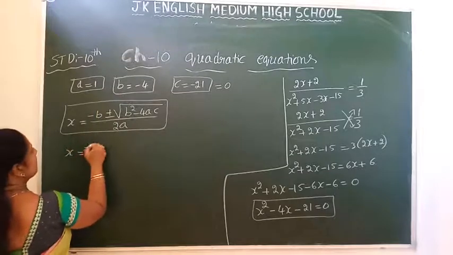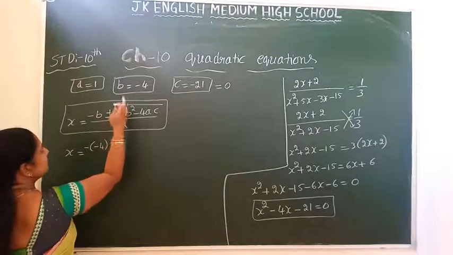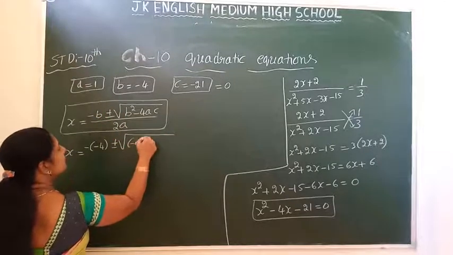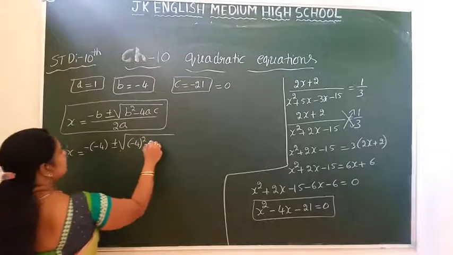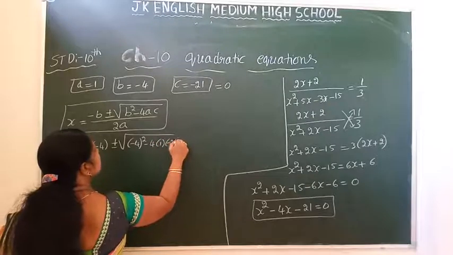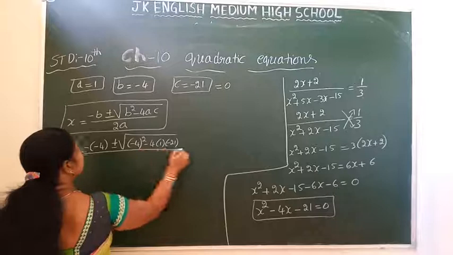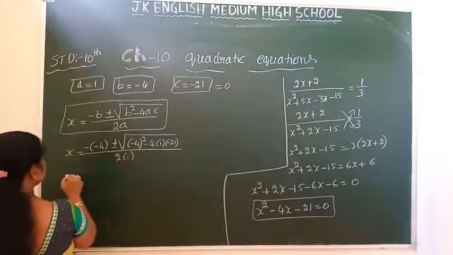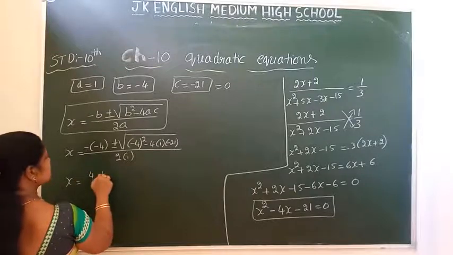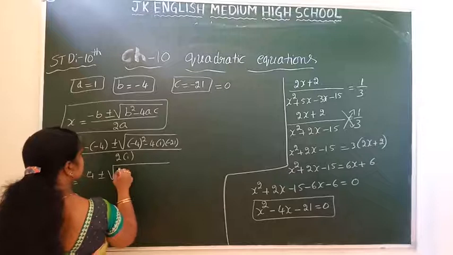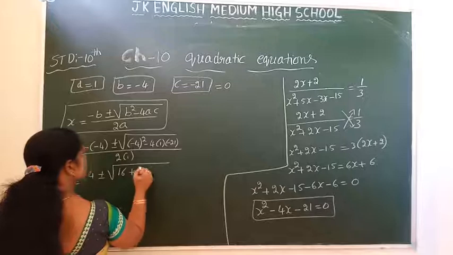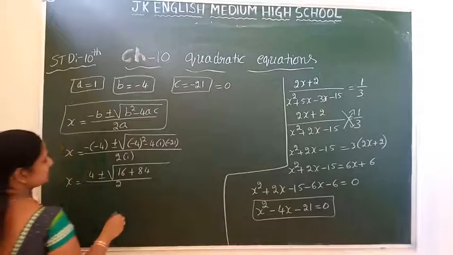x is equal to minus b, b value is minus 4, b value is minus 4 whole square minus 4ac, divided by 2 into 1. x is equal to minus of minus 4, that is plus 4, plus or minus 4 whole square is 16, minus into minus plus, 4 ones are 4, 4 twos are 8, divided by 2 ones are 2.